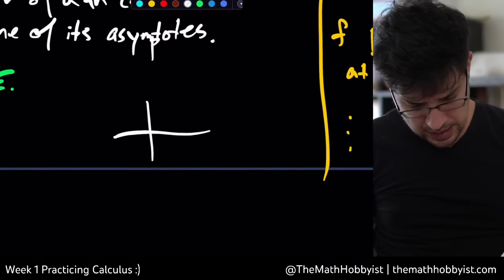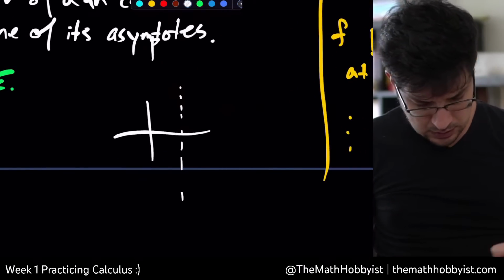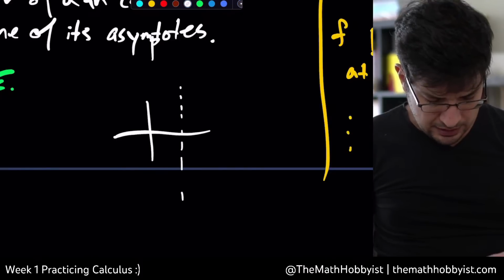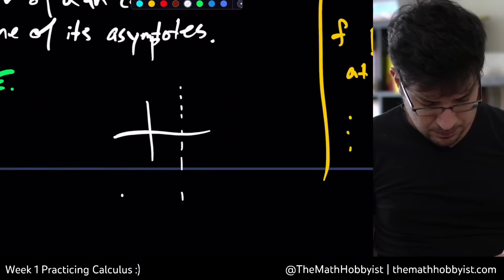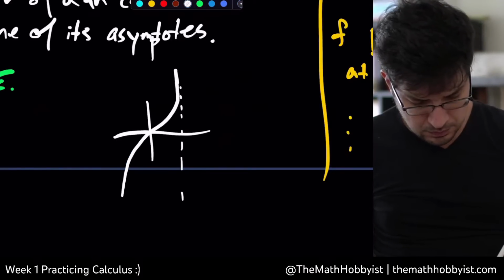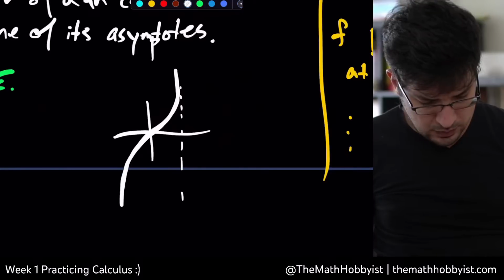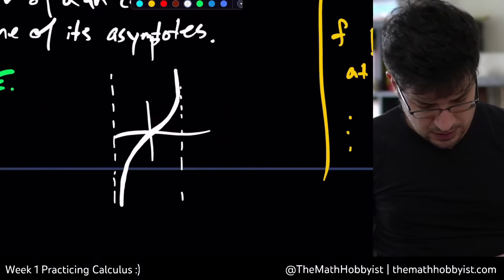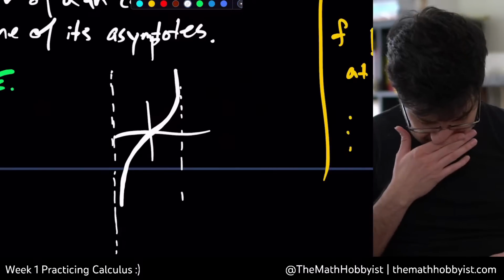Recall that an asymptote is this dotted line in a graph where you have a function where the graph doesn't cross that dotted line.